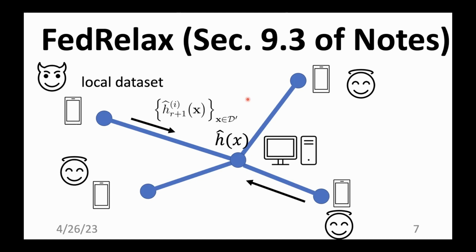So there are two options then. First option would be to make sure that we only do federated learning with people that we trust, or with agents that we trust, using some authentication method, for example. Another option is to design a federated learning algorithm that is robust in some sense, or that can defend federated learning systems against attacks, against malicious behavior, which will be the focus of today's lecture.